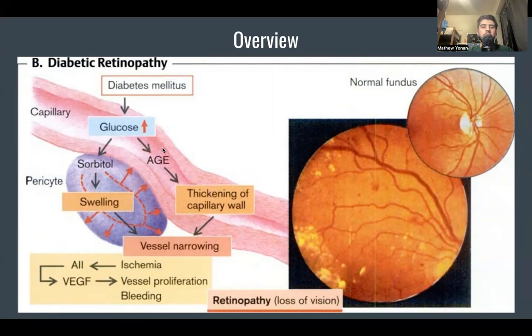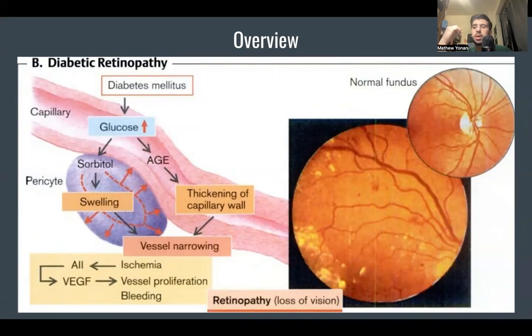But it starts with an increase in glucose, which causes an increase of advanced glycation end products. These advanced glycation end products eventually lead to pericyte loss, increased membrane permeability, and even thickening of the capillary wall.